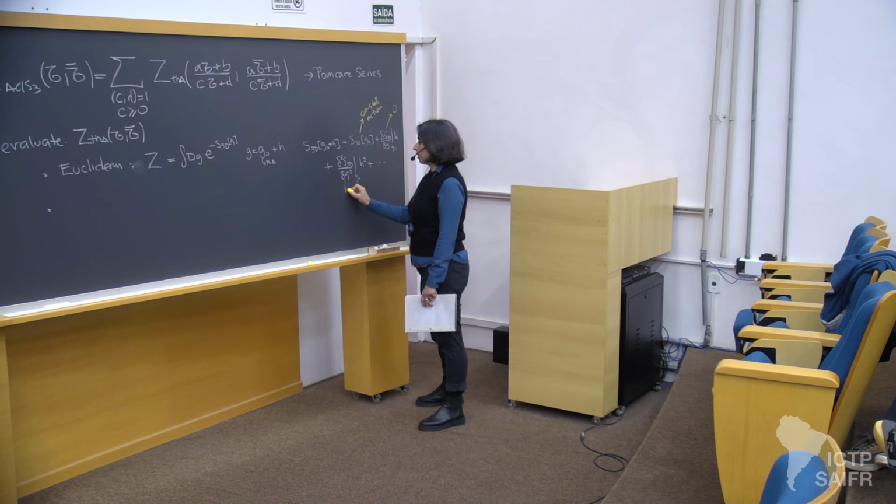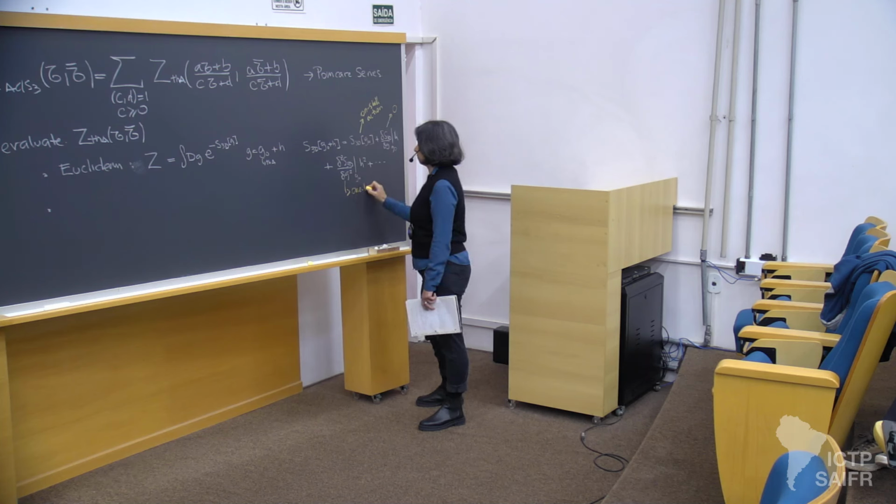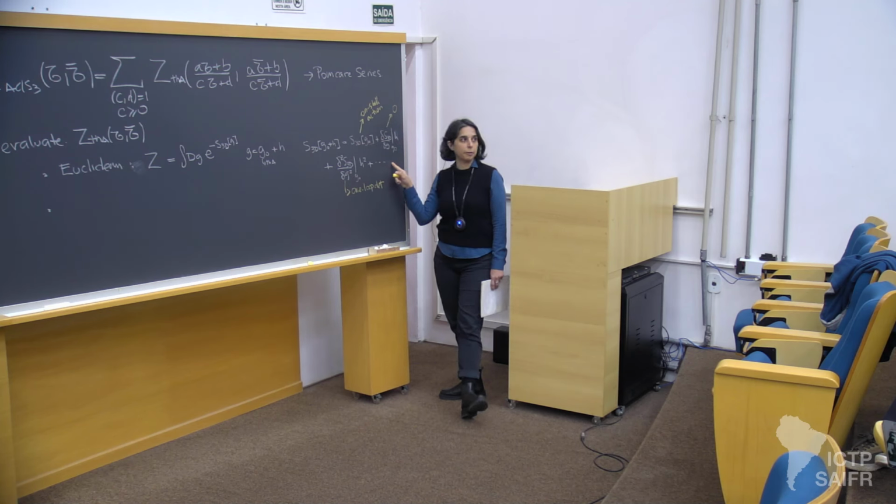And the first non-trivial term that you get is going to be a one-loop determinant. So this is your one-loop contribution. If you keep on going to higher powers in h, you're going to get more and more loop orders.